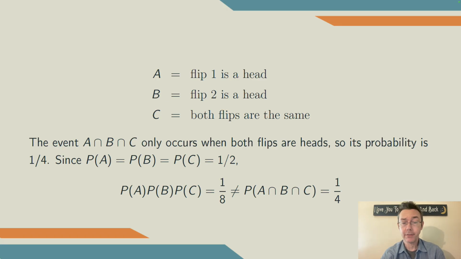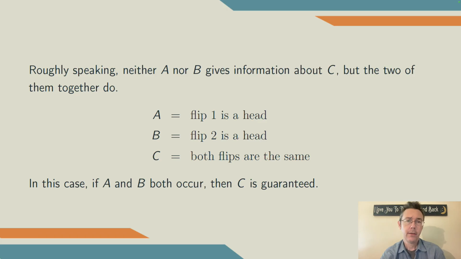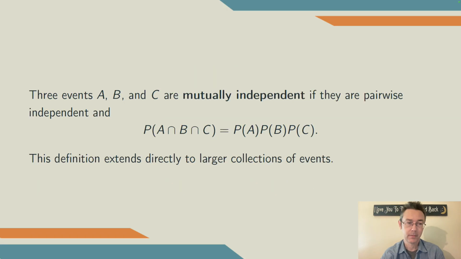So the probability of A and B and C is 1/4, while the probability of A times the probability of B times the probability of C is 1/8. The situation here is one where neither A nor B gives information about C, but if you take them together, they do. In this particular case, if A and B both occur, then C is guaranteed. If both the first two flips were heads, then obviously both flips were the same.